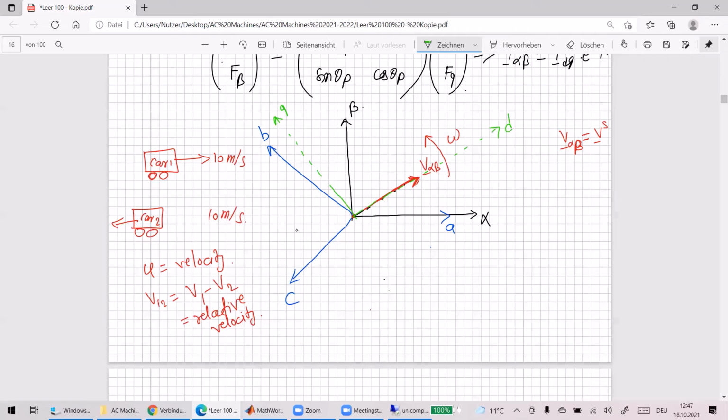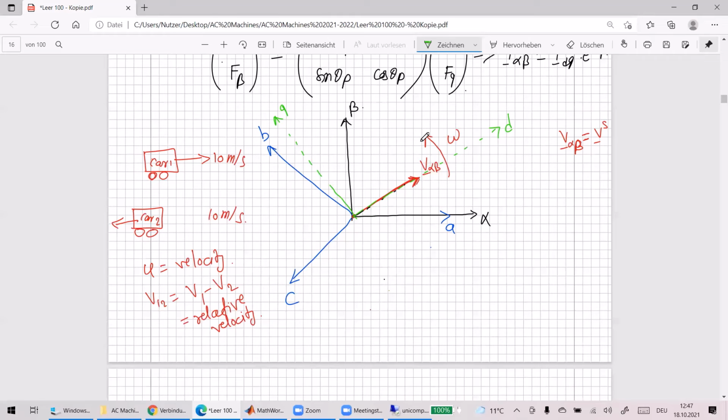So it means our DQ axis is rotating along with the resultant vector. And hence we see there is no speed, right? The total resultant speed is omega 1 minus omega 2, and there is no speed. It's the same with the relative velocity, the relative angular speed.